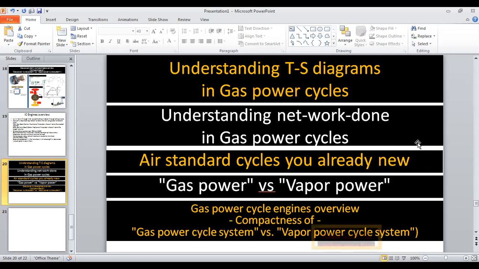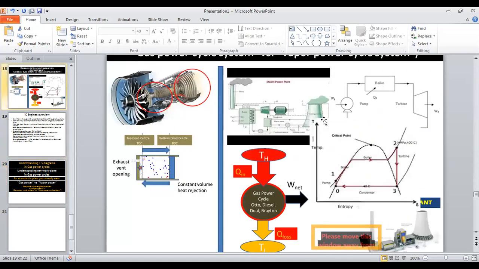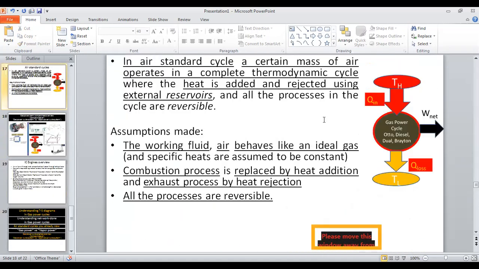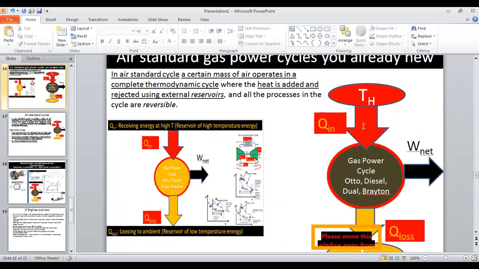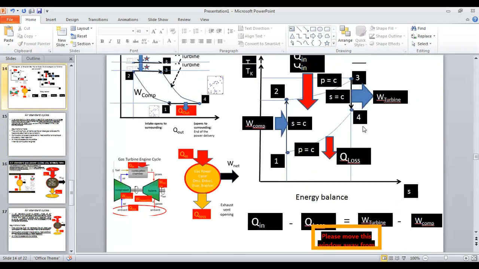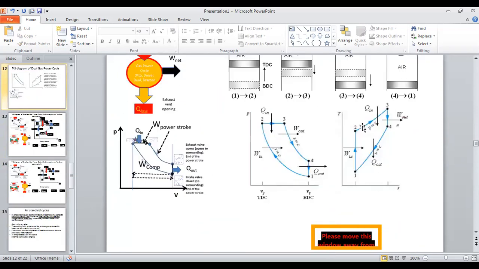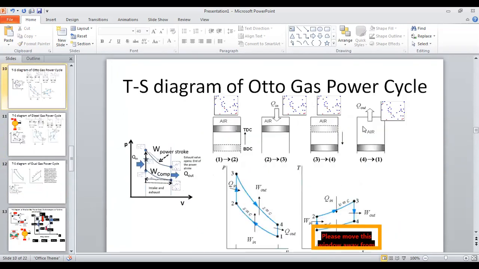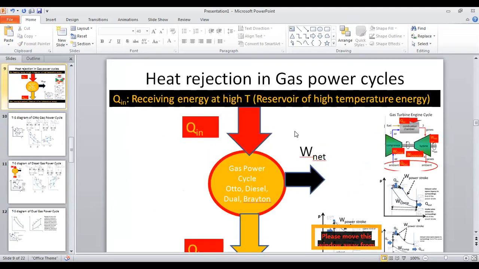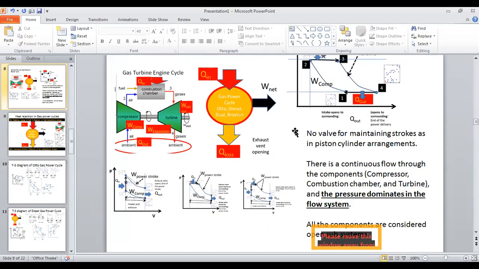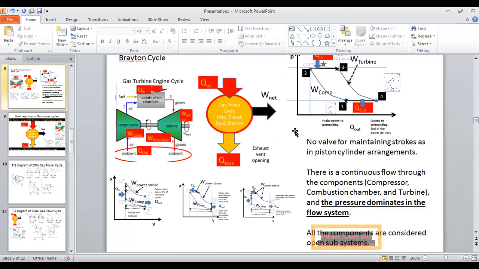What we have discussed today will be in the exam: justifying the TS diagram, about this modeling, standard cycles, the engine mechanisms, high and low temperature reservoirs. How do you understand this?